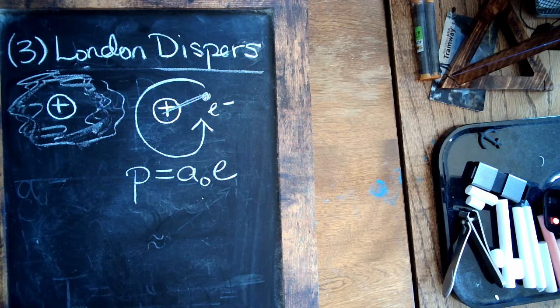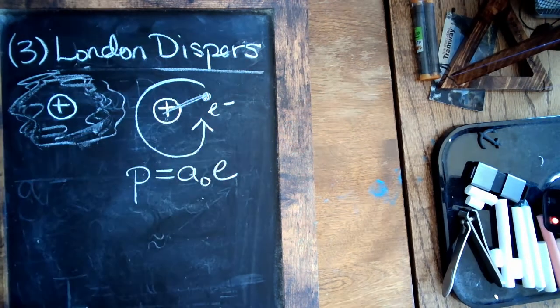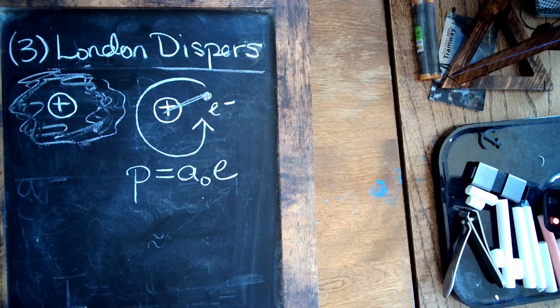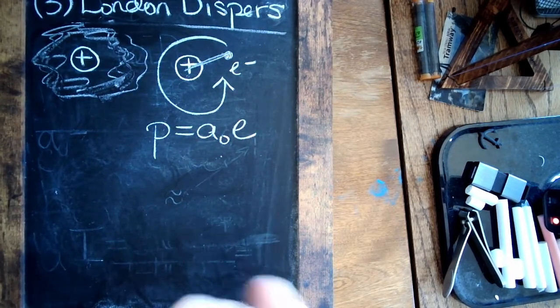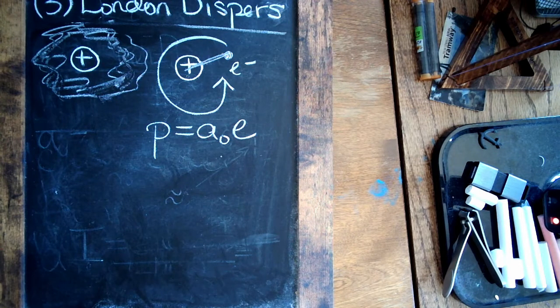What we can do is simply plug this instantaneous dipole into our previous result, which was the Debye interaction energy, which is the induction effect of having one dipole onto a second neutral atom.